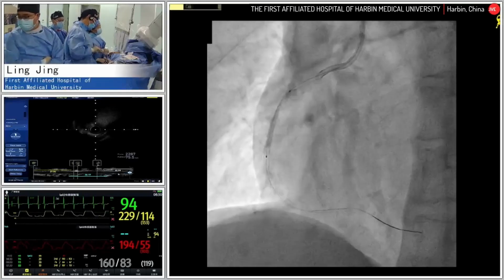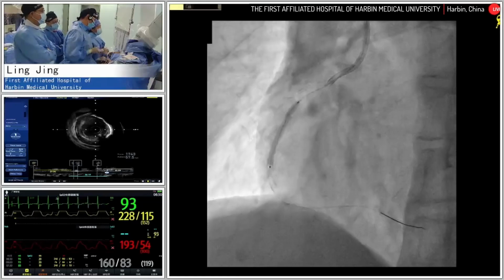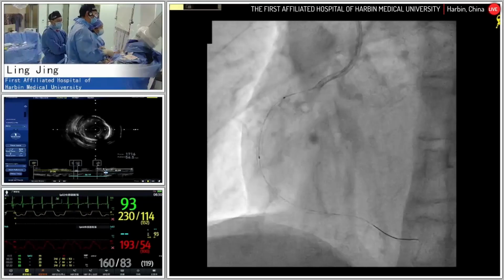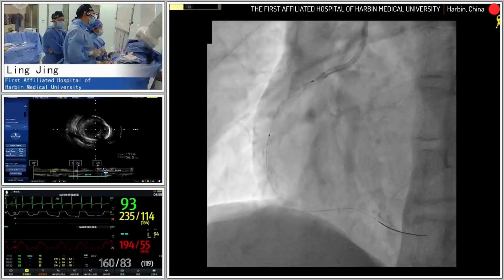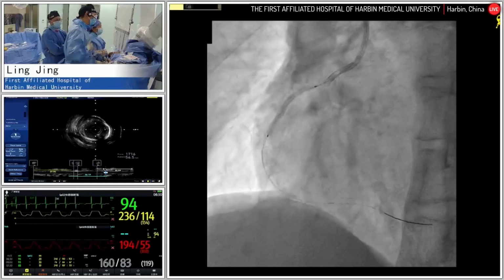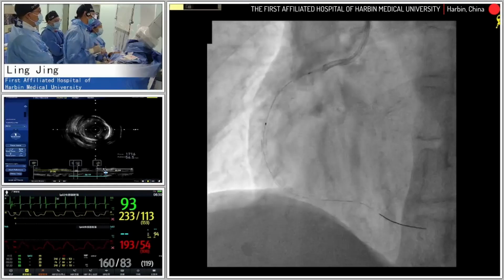In our facility, Professor Li Yue has developed a very special technique for the CTO lesion under the situation that the wire passes and the other devices cannot pass. It's called the seesaw wire balloon cutting technique.